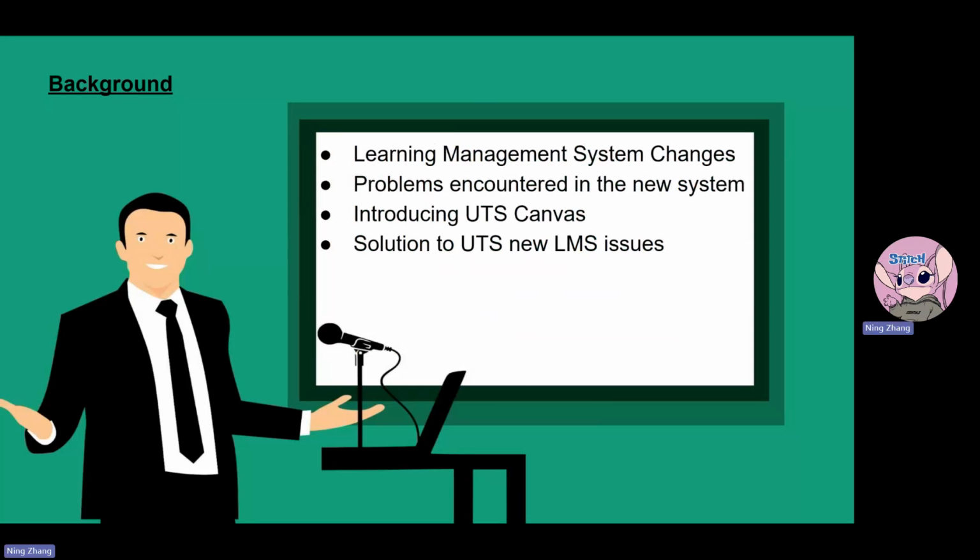Notably, UTS Canvas was launched as a replacement for UTS Blackboard in response to the COVID-19 pandemic. Although UTS administrators have worked hard to iterate and improve the system, their relatively short tenure has resulted in some unresolved issues.